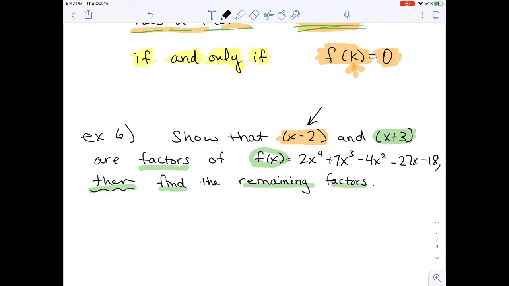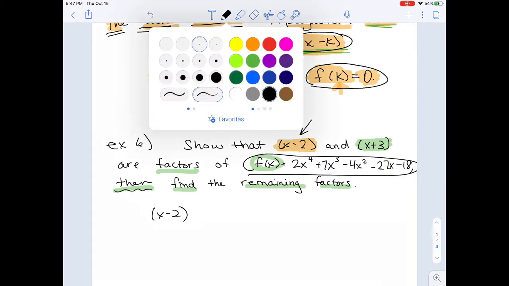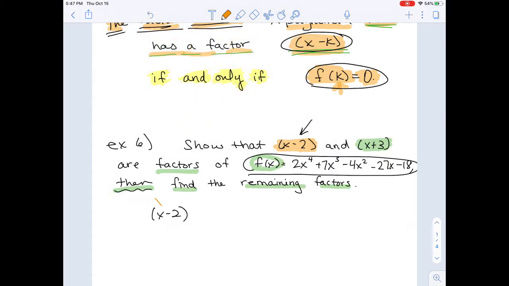To show that x minus 2 is a factor of f of x, we know that if this is the factor, the value of k at f of k has to equal 0. So x minus 2, if we put this in the form of x minus k, we know the value of k is 2 because it comes after the minus. So we're going to put the 2 here.